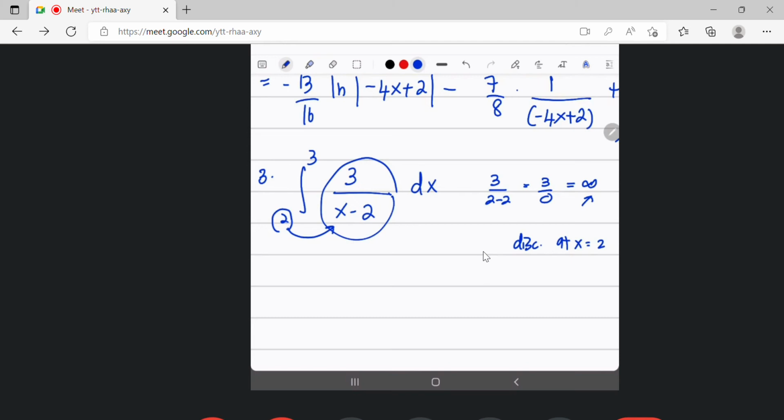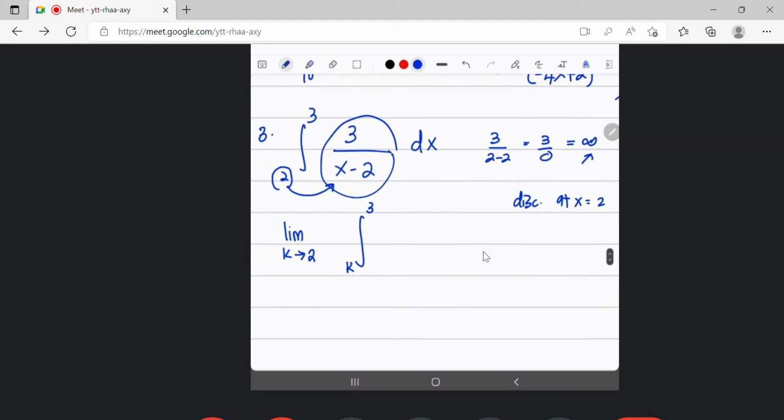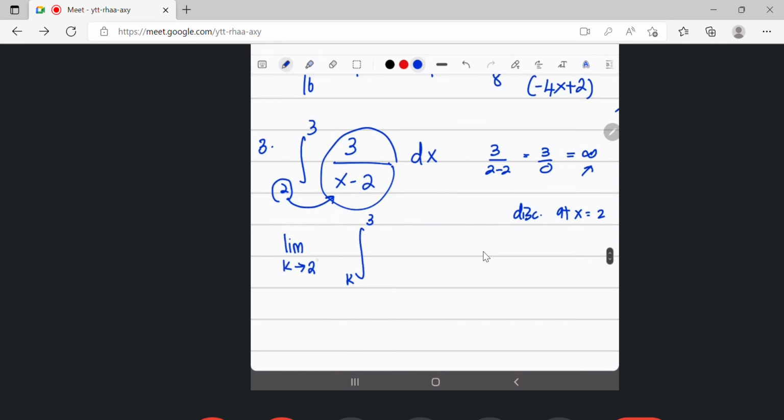Okay, dia discontinued dekat x equal to 2. So, yang ini akan jadi apa? Dia sudah letak limit k approaching 2. So, at this point, kita akan letkan dia sebagai k. Okay, perasan tak? Kalau yang ini, kita perlu letakkan simbol sama ada negatif ataupun positif. So, macam mana nak determinekan that one? Okay, to determine the symbol for the limit, cara paling senang adalah kita sketchkan real number.